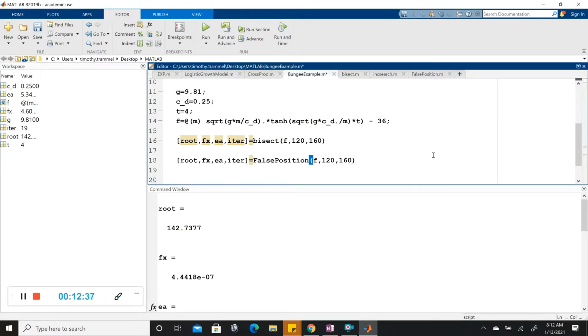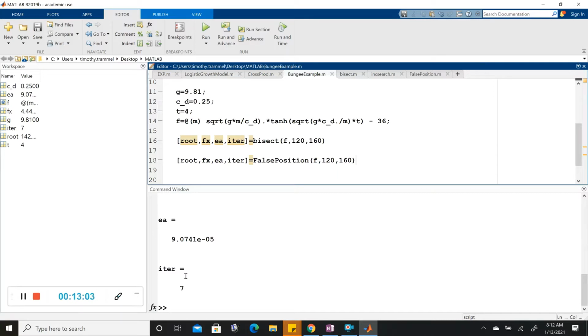And the thing that's going to be nice here is when this does display, we're going to get the number of iterations, the relative error, the function value, and the root. And so we'll be able to compare these two algorithms here. Okay. All right. So you can see that this bottom one here is our false position. It took 7 iterations.